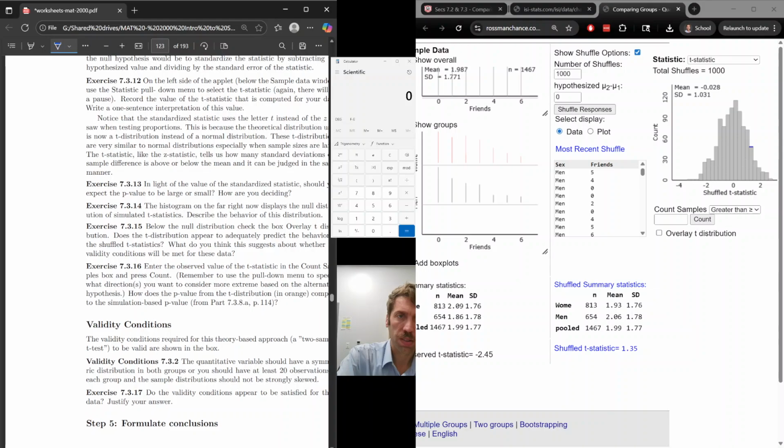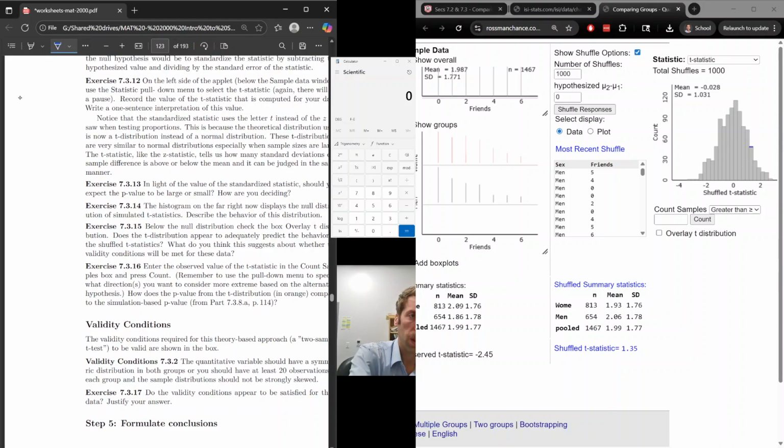Sorry for my bad handwriting because I'm writing upright. The t-statistic is x1 minus x2 minus 0, but I'll leave that out, over the square root of standard deviation squared over n, plus standard deviation of the other one squared over n.